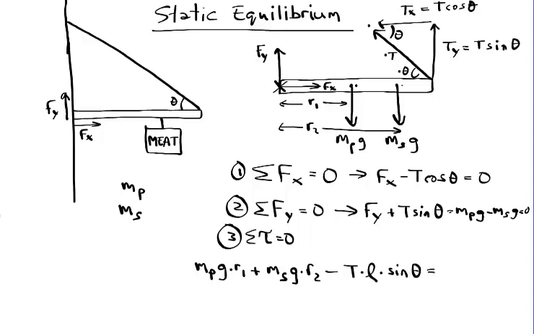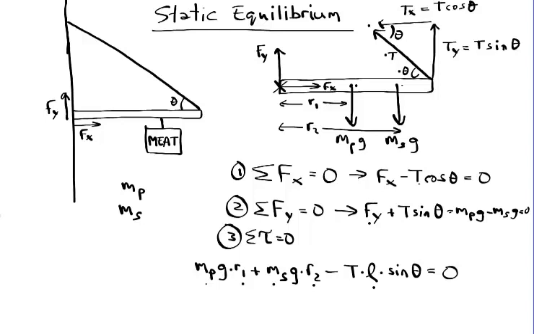And that's all going to be equal to 0. If we know all this information, it looks like the only unknown in this problem would be the tension, and you can solve for the tension. Once you have the tension, you can go up here and solve for Fx, and then you can also go over and solve for Fy.